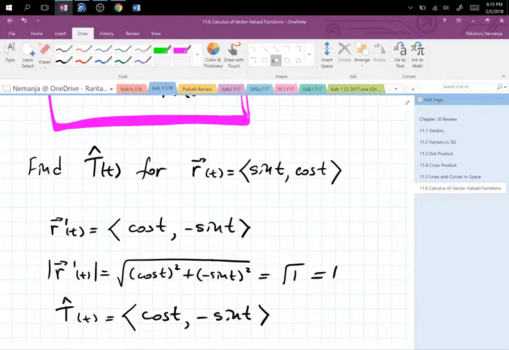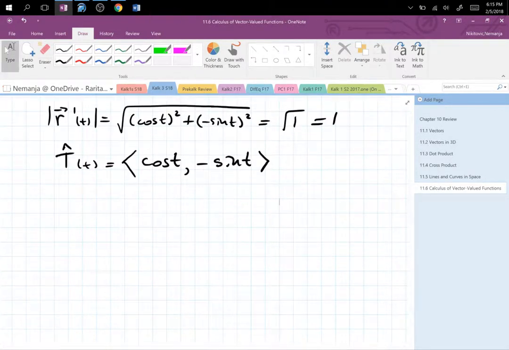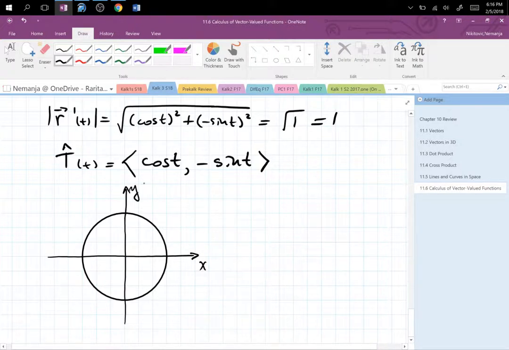Well, if you draw this, I practice drawing circles a lot. Does this make sense?